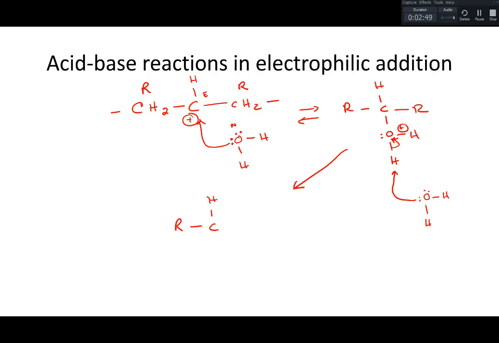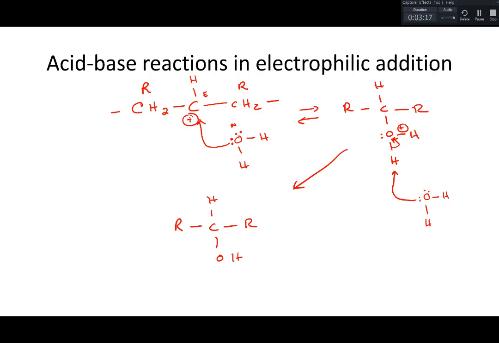And this is actually the step at which the alcohol is finally formed and is stable and will stay this way. Now, in all electrophilic addition reactions, the product is more stable than the reactant. So this step could reverse, but it doesn't, because this is the more stable product versus the reactant, which we have over here.